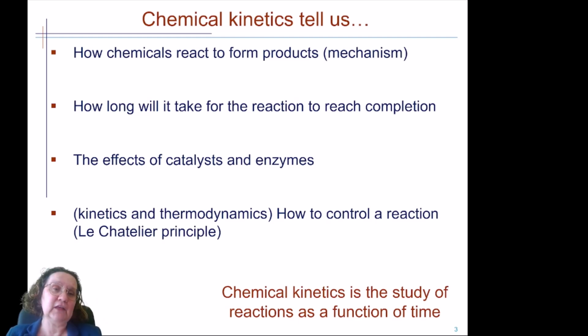It also studies the effect of catalysts and biological catalysts, which are enzymes, which are simply substances that we use to make reactions go faster, to increase the reaction rate. And we will talk about them in a future video. And finally, chemical kinetics also talks about how to control a reaction.